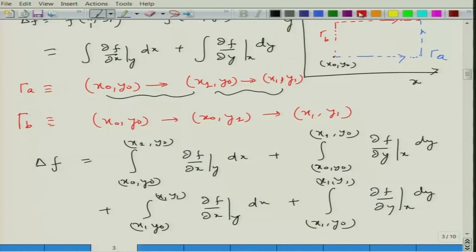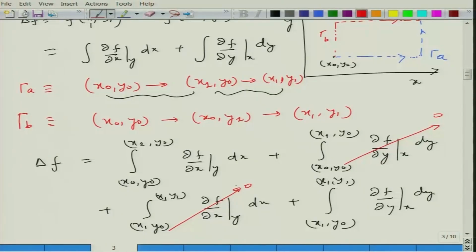Now, if you look at here carefully, you would be seeing that some terms are going to be 0. So, let us identify those terms. For example, here the y0 is constant and you are still integrating that. So, this is not feasible, so this has to be 0. Similarly, here x1 is constant, and this part has to be 0.